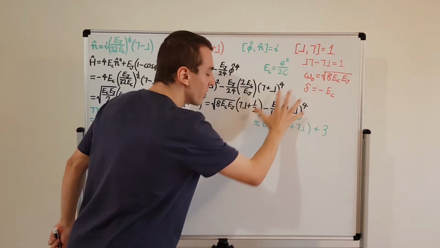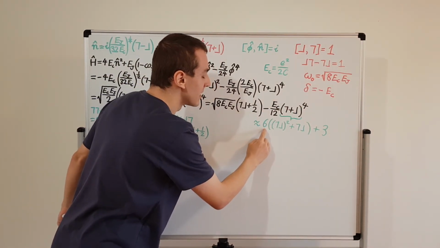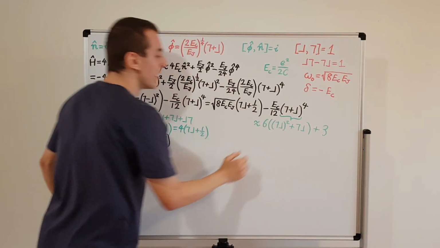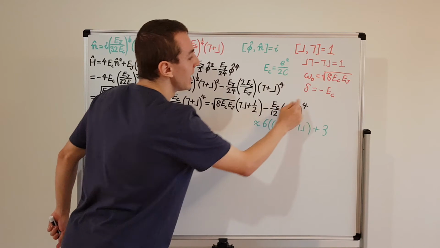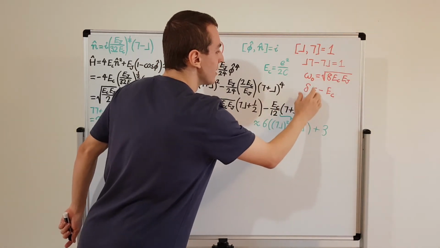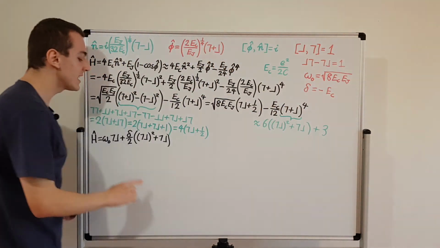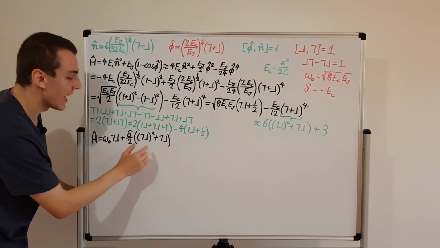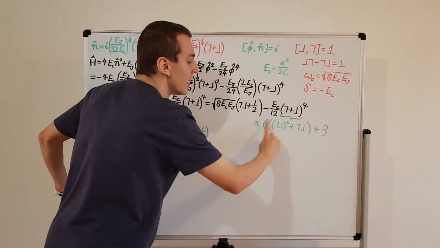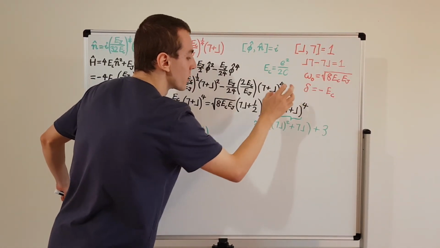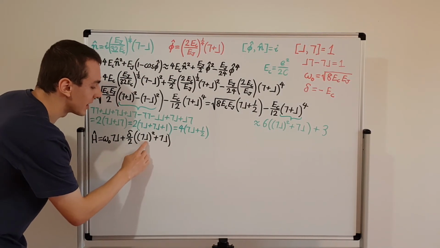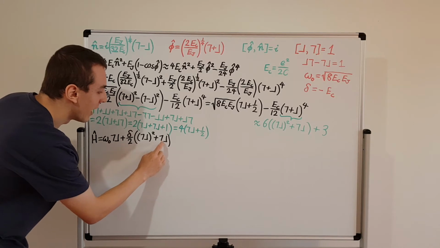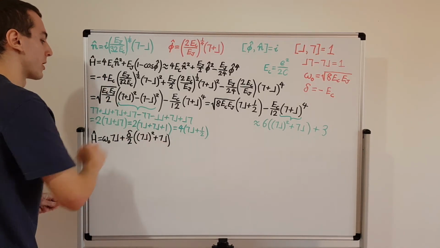And this term over here, because of this factor of 6, this 6 on 12 became 1/2. And this minus sign has been absorbed into the definition of delta. So delta is minus EC, and that is why we have a plus sign over here. And these two terms have just come from this approximation of the quartic term. So this is the square of the creation annihilation operator pair. And then we have another copy of the creation annihilation operators.